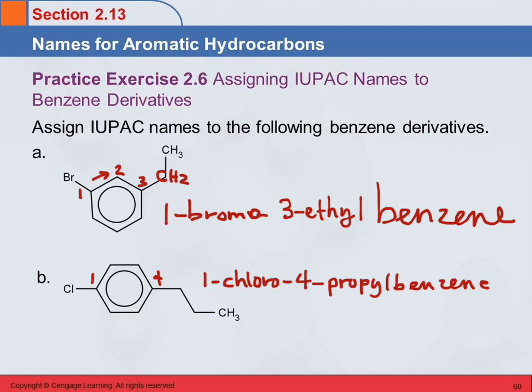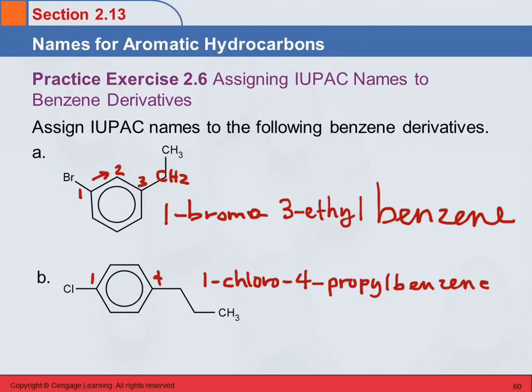Now, what if we used ortho, meta, para instead of the numbers? In letter A, are these two things in the ortho, meta, or para position? Well, to determine that, you have to stick one at the top.